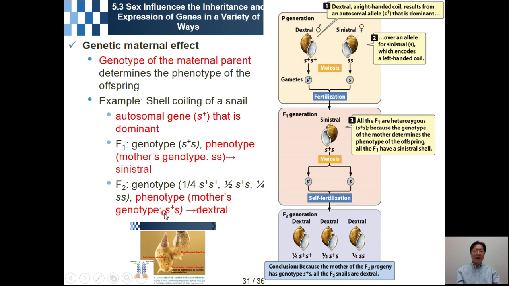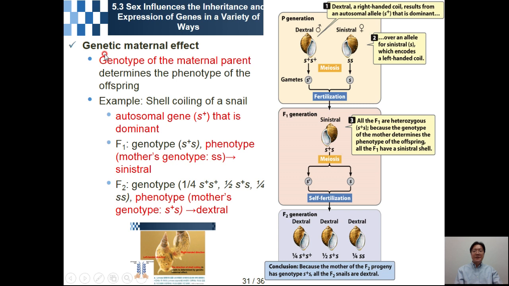So what is the mother's genotype? The mother's genotype is S plus S. S plus S means that they are dextral. So all of the offspring are dextral. So the conclusion is: because the mother of the F2 progeny has genotype S plus S, all of the F2 generation is dextral.